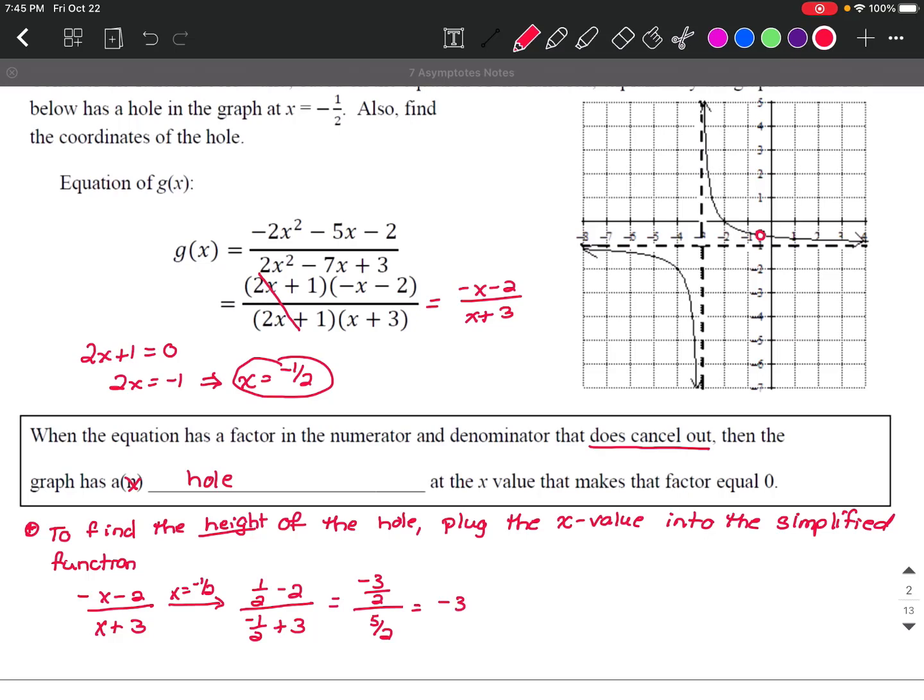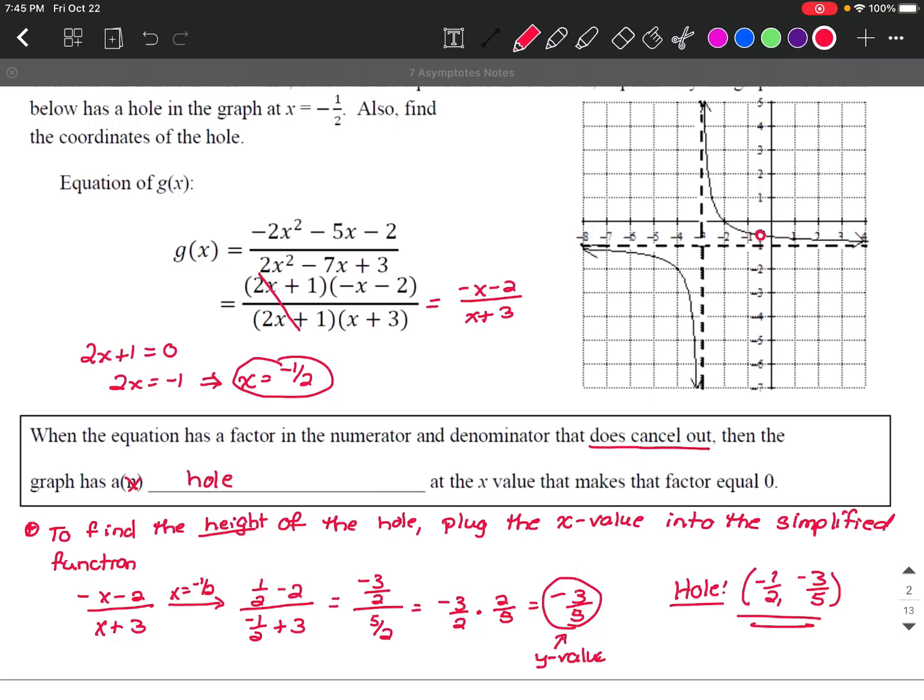So we have -3/2 times 2/5, that's -3/5. That is the y value. So now we know that our hole has the coordinates -1/2, -3/5.